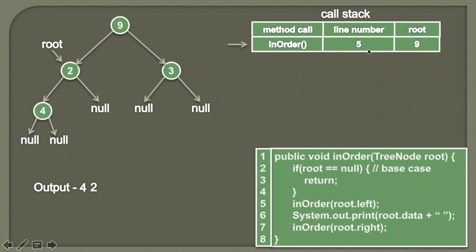So we'll start from line number 5. We also know that when we were executing this method, root was pointing to 9. So now root will point to 9, and then we'll simply execute the steps.